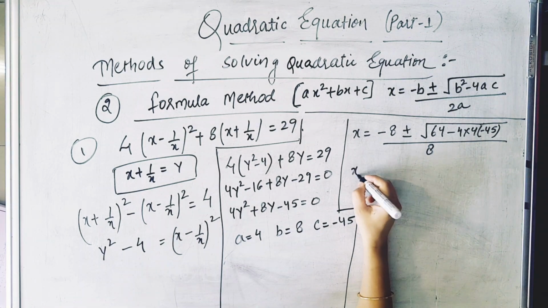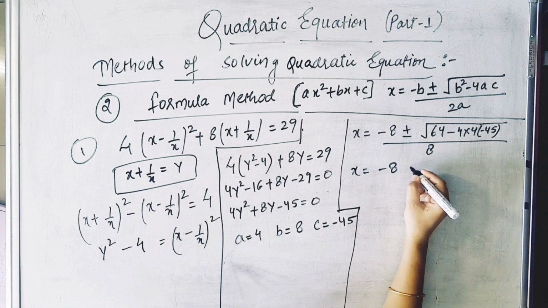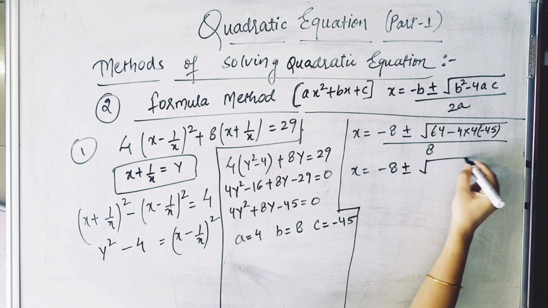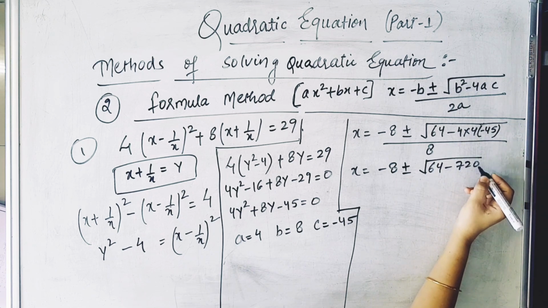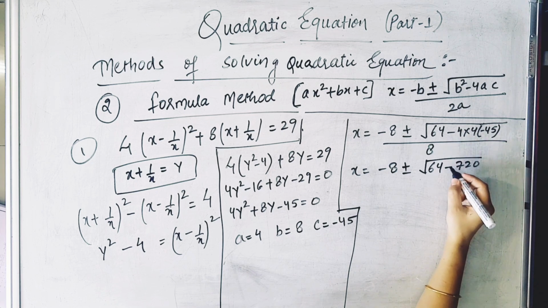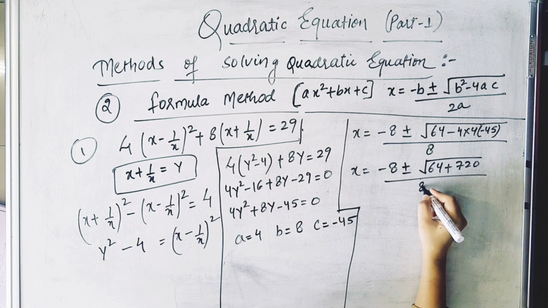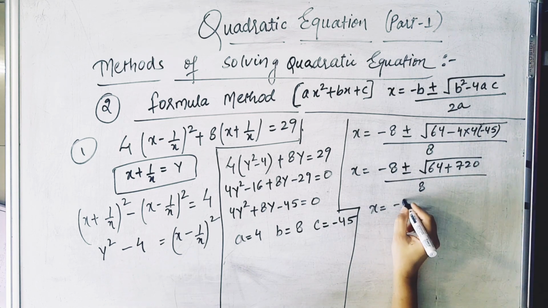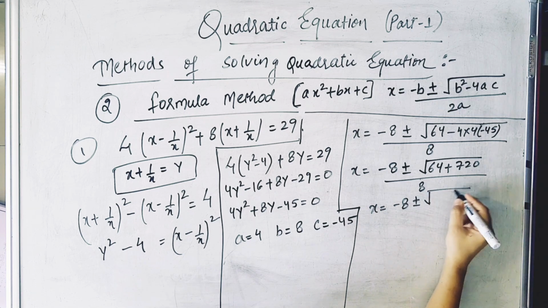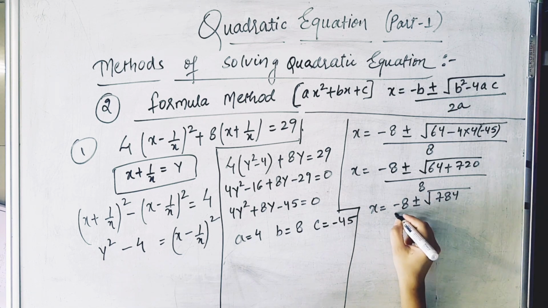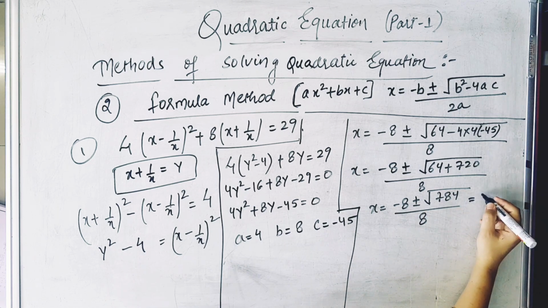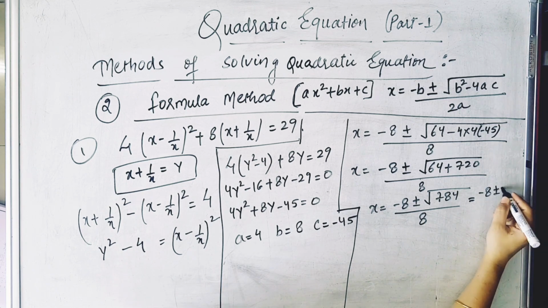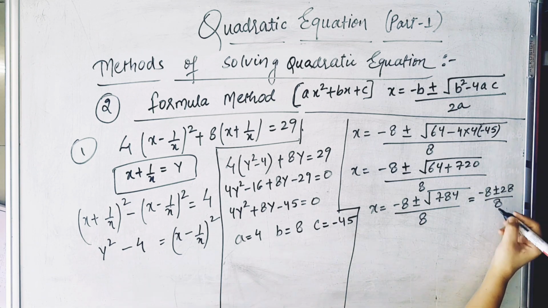On solving this, we'll get x is equal to minus 8 plus minus under root 64. Multiplying this, we'll get 720. This minus and this minus will be plus, upon 8. Thus x is equal to minus 8 plus minus root 784, and 784 is the square root of what? This is 28. Thus we'll get over here minus 8 plus minus 28 by 8.